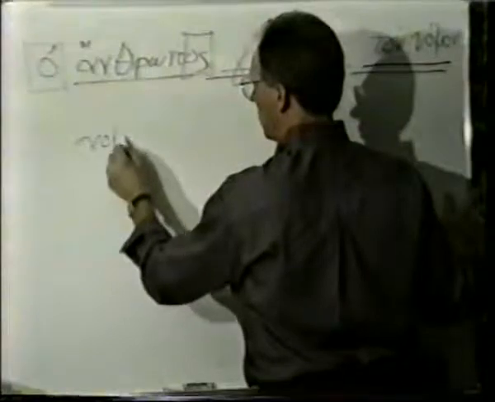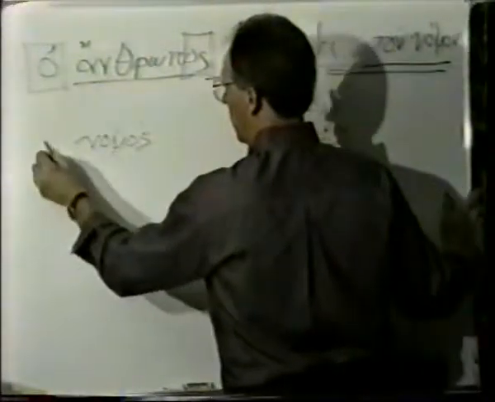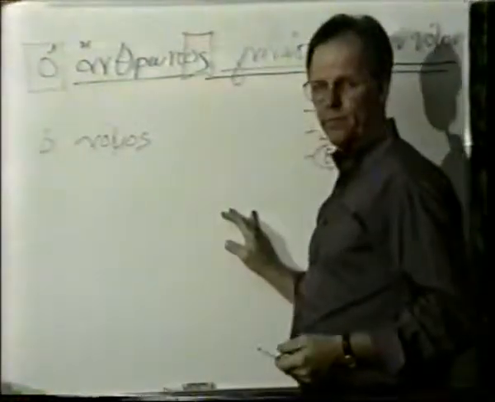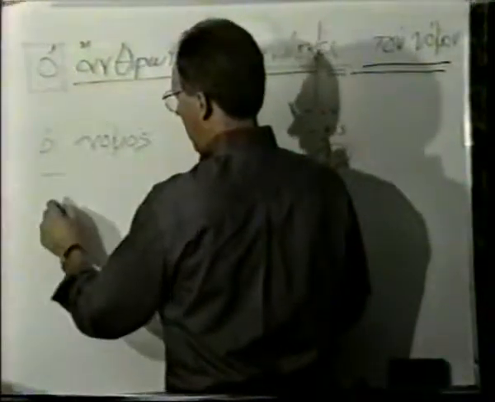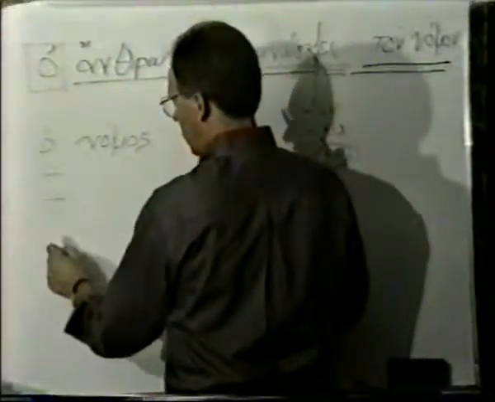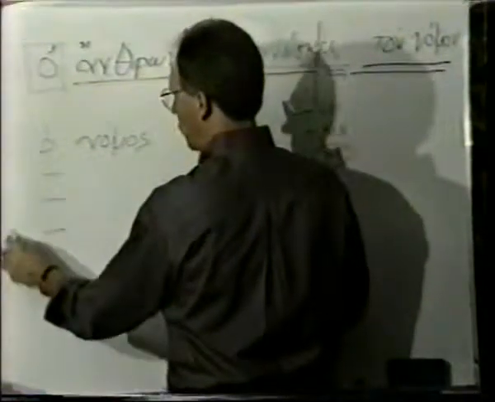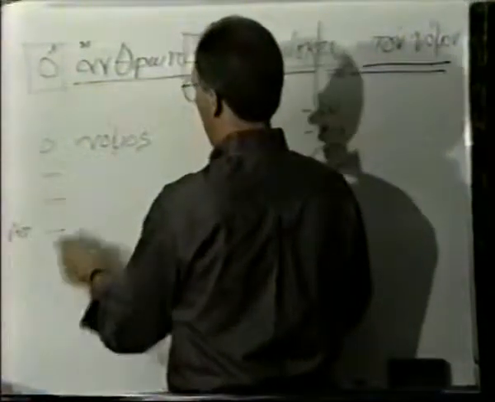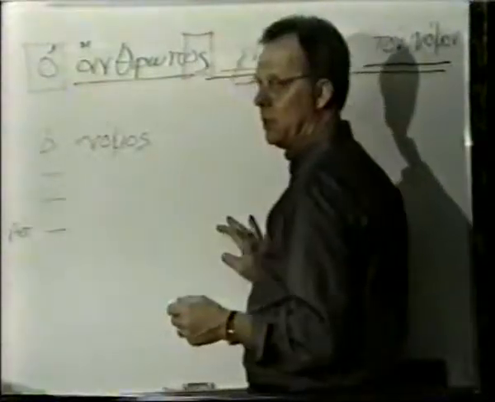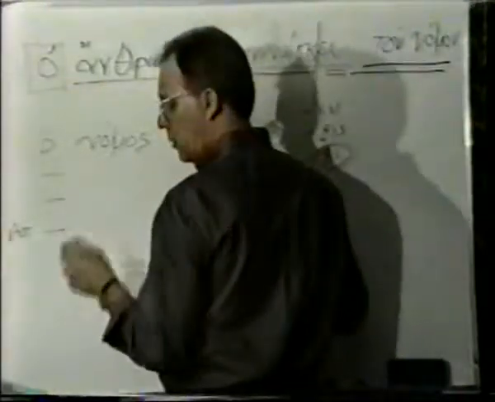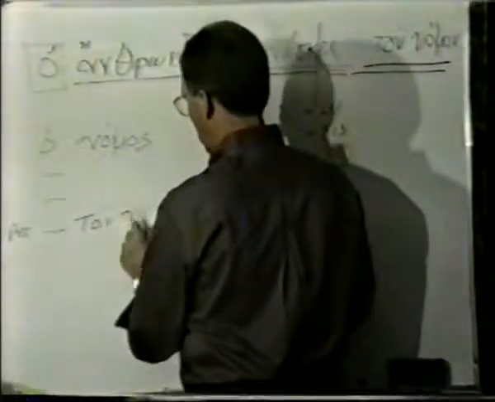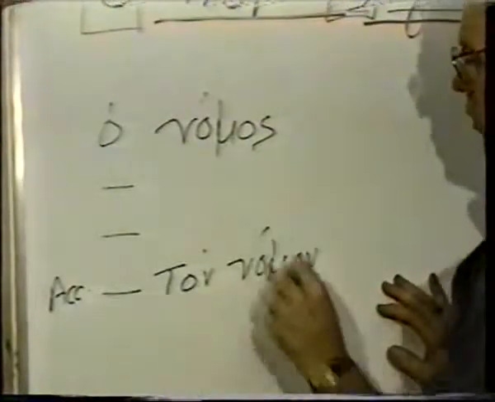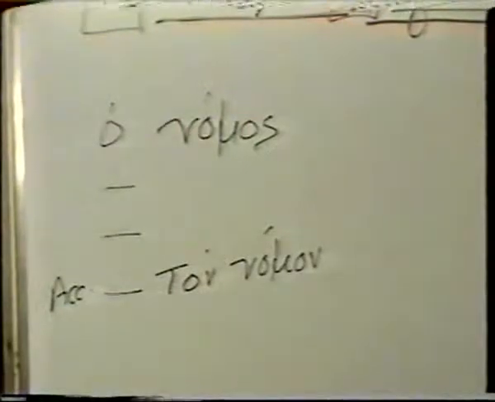Nomos is law. We come down, we have the genitive case, we have the dative case, so on and so forth. We come down to the accusative case. And this is a masculine singular. So the masculine singular is going to be ton nomon. Here we see it.